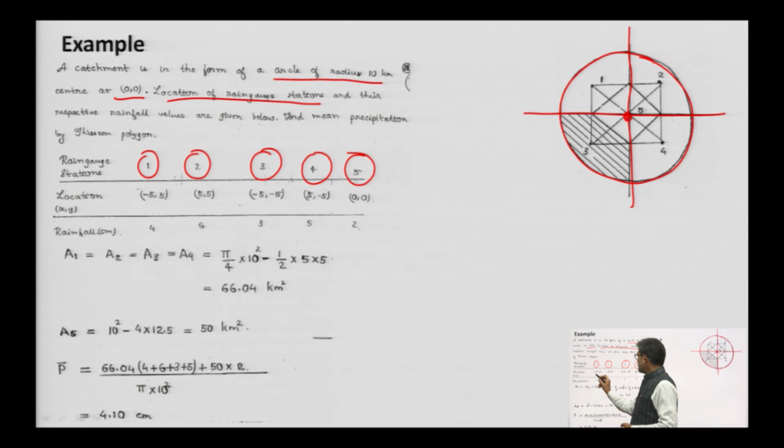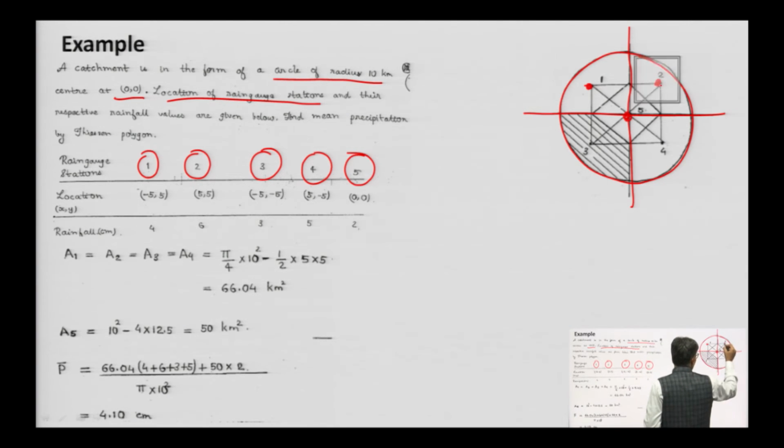The first rain gauge station is at (-5, 5), this one. The second rain gauge station is at (5, 5), this one. The third one is at (-5, -5), this side, and the fourth one is at (5, -5), this one.